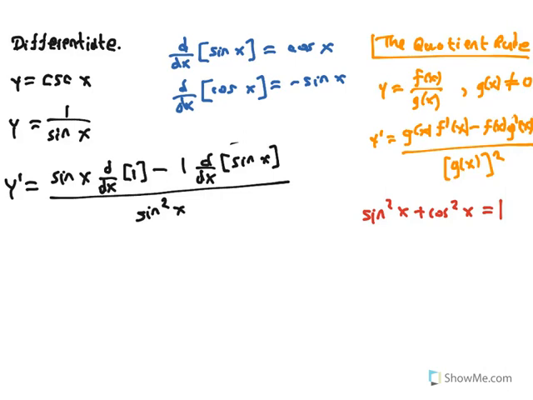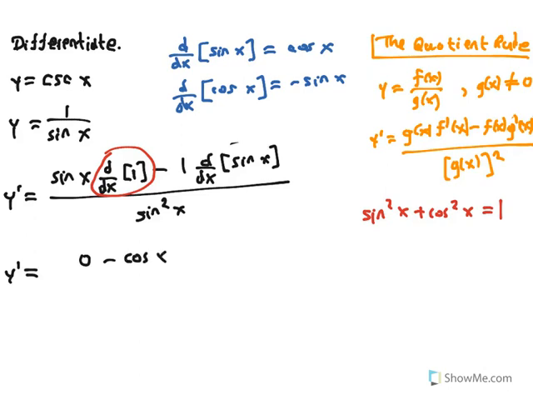So now we just follow through. The derivative of the constant 1 is 0. So you have sine x times 0, which is of course 0. So I can just write 0 minus 1 times the derivative of sine x, which is cosine x.